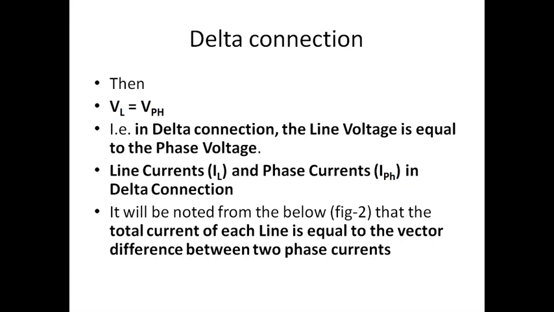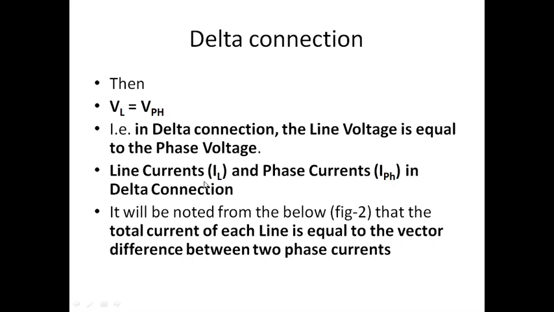So VL is equal to V phase. Line voltage is equal to my phase voltage. VL is my line voltage and VPH is my phase voltage.